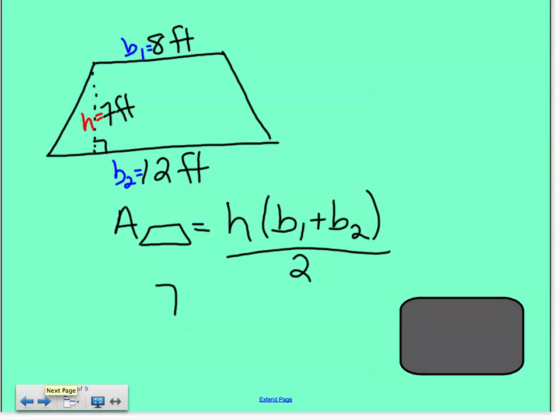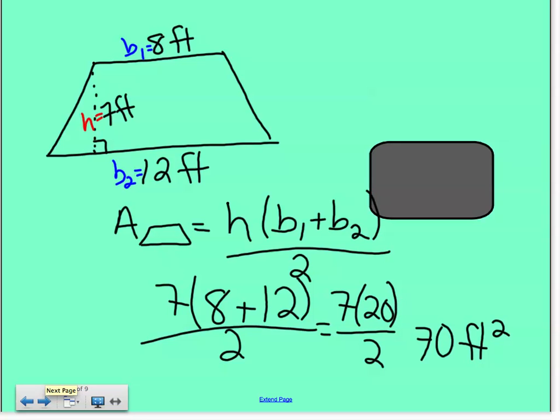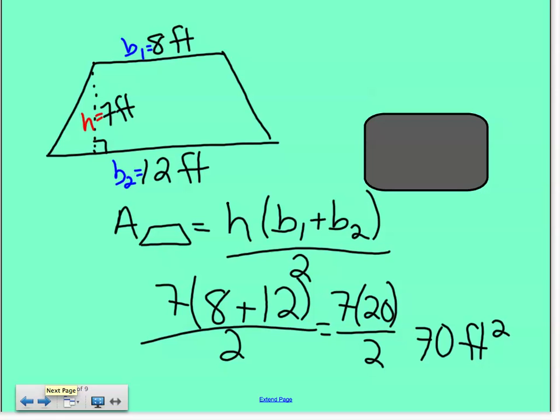So I'm going to say 7 is the same as the height, base 1 is equal to 8, base 2 is equal to 12. I'm going to divide that by 2. Need to follow PEMDAS, so I'll do what's in the parentheses first. 7 times 20 divided by 2. When I do what's on top of the fraction bar first, I should get 70 feet squared. Okay, again, labels are important.